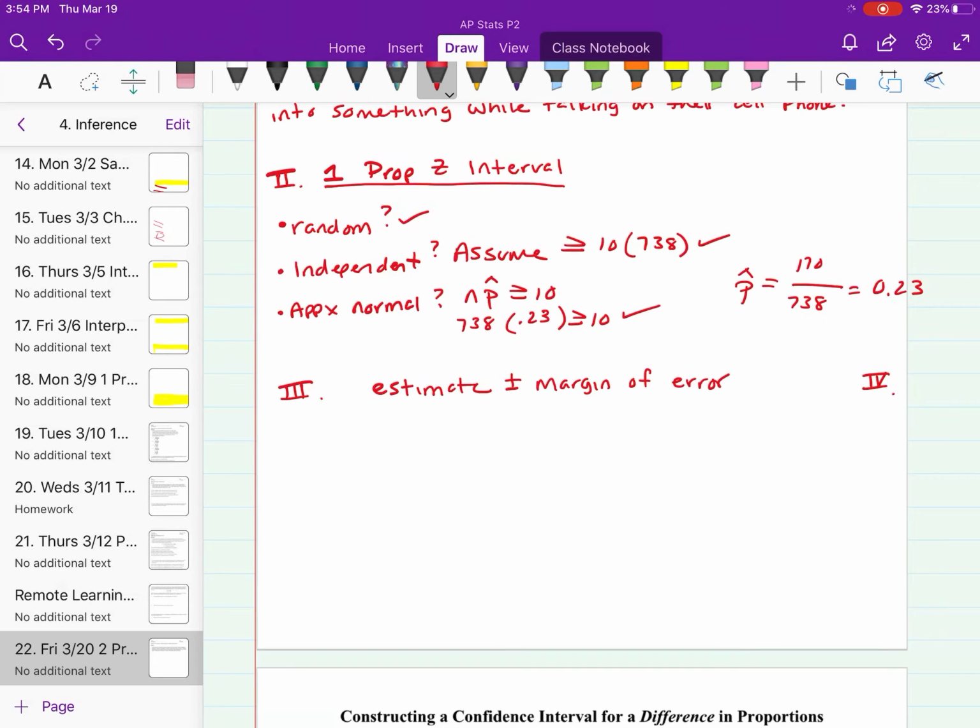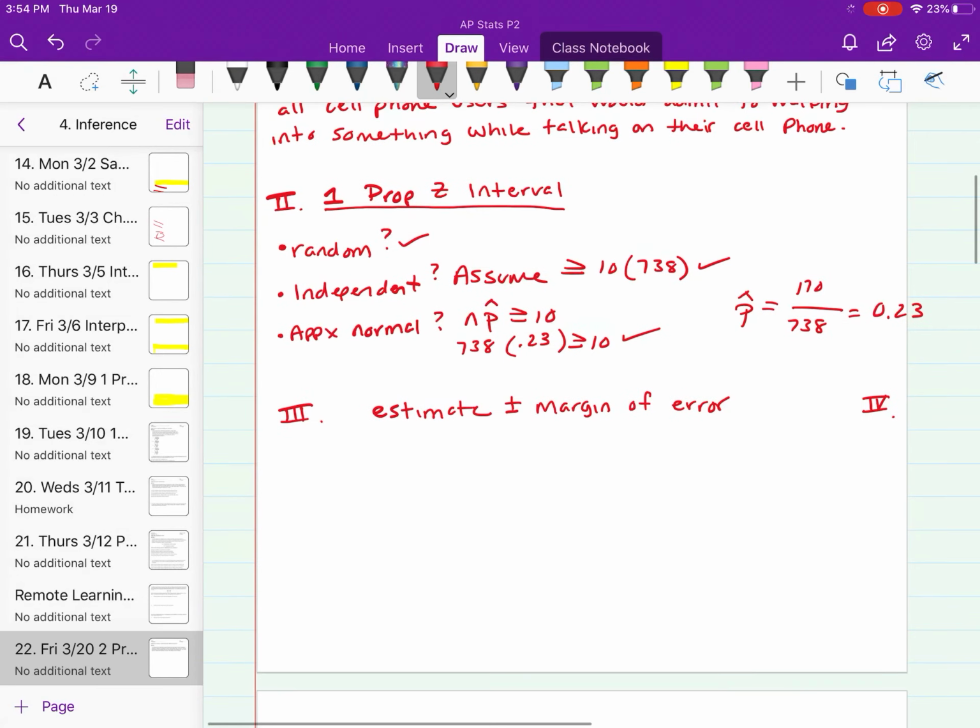Since this is a proportions problem, the estimate is p hat plus or minus the margin of error, which is z star times the square root. Okay, so the p hat in this problem is 0.23 plus or minus z star.